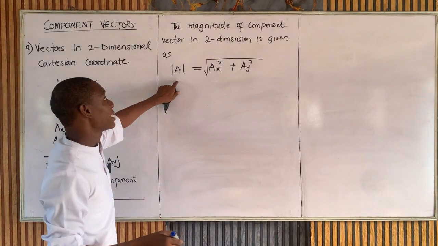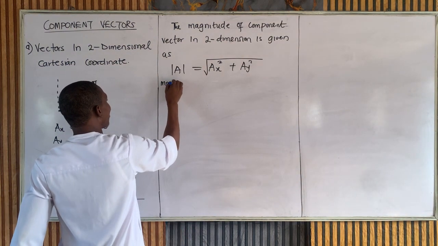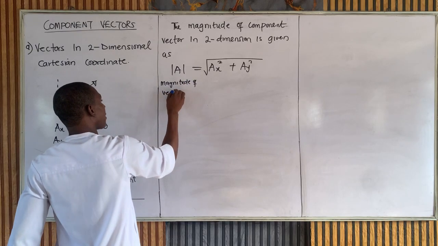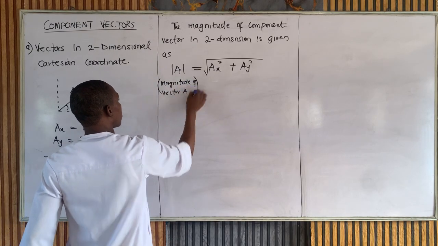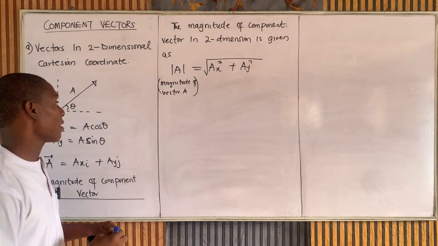This is the symbol for magnitude. So I call this the magnitude of vector A, and it's given as this. So this is how you find the magnitude of a vector.